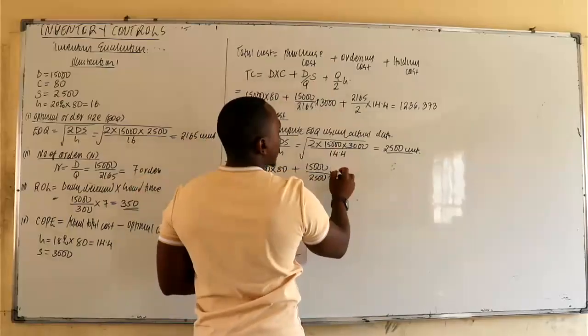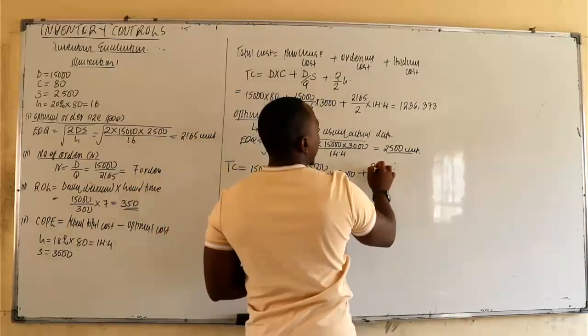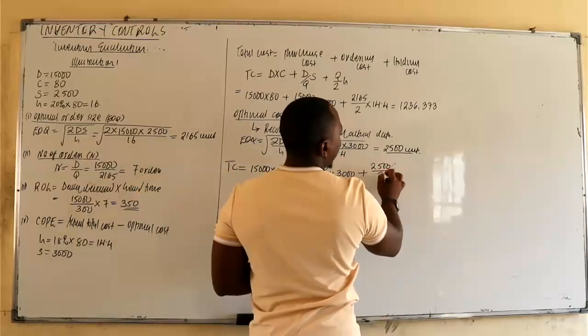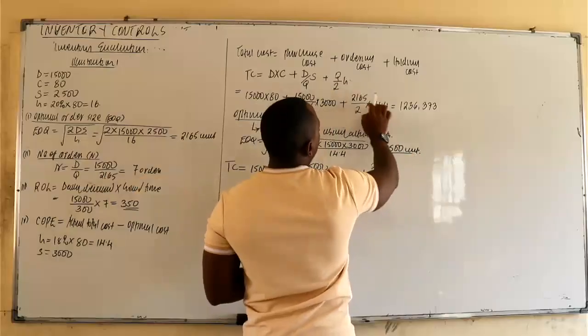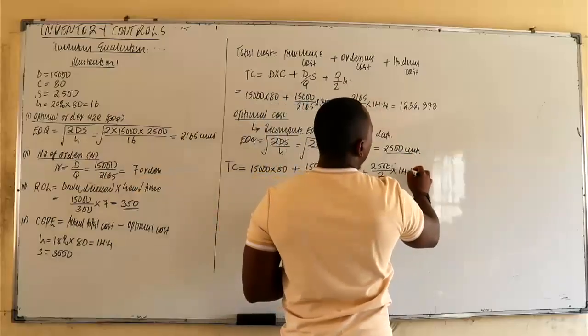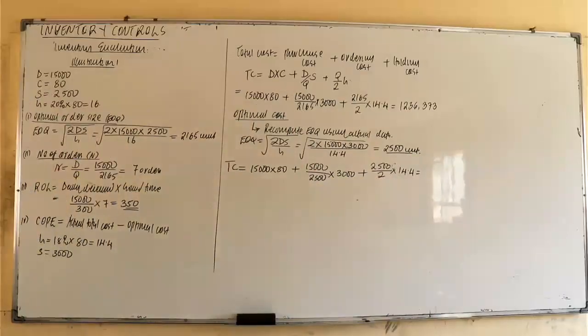Actual ordering cost is 3,000, plus Q. Our EOQ is 2,500. You divide by 2 to get the average. You multiply by the actual holding cost. Actual holding cost per unit is. Let's have a computer also.